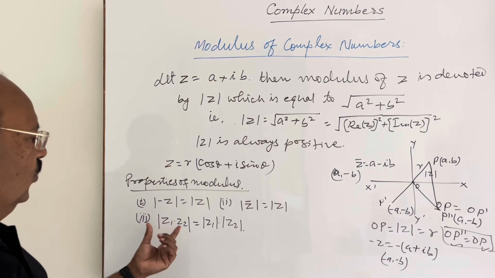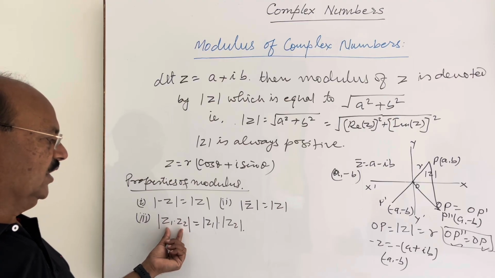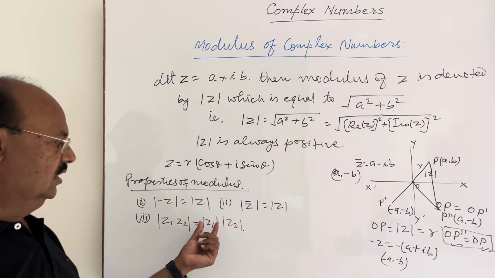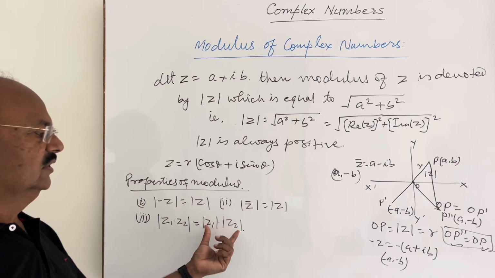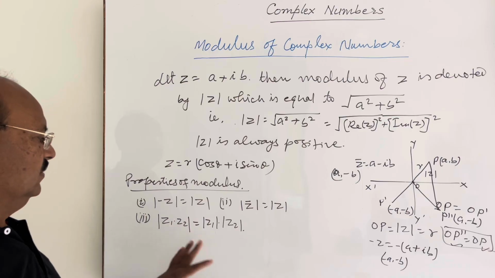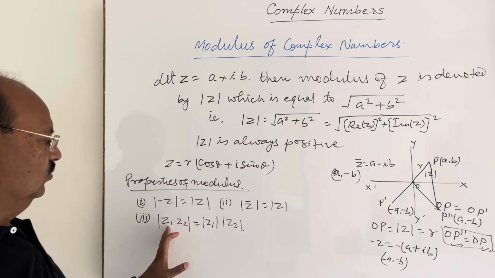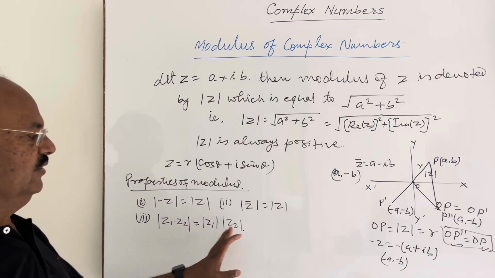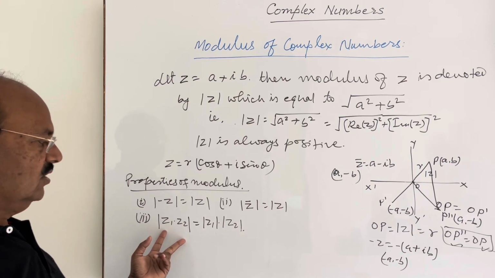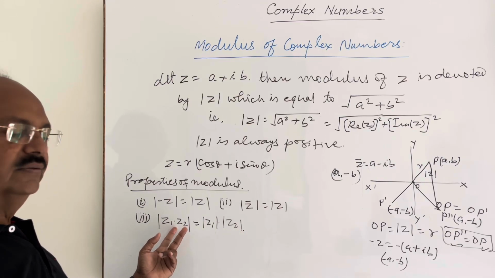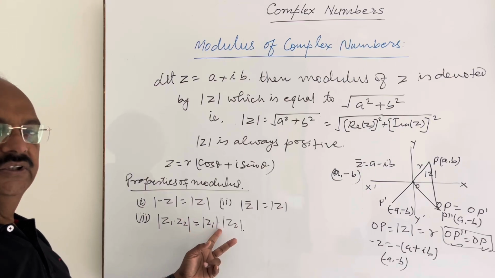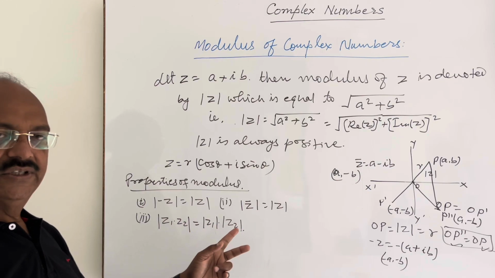Modulus of multiplication of two complex numbers is equal to multiplication of moduli of the respective complex numbers. So this modulus has been distributed over both the complex numbers Z1 and Z2. That's why modulus of product of two complex numbers is equal to product of moduli of these two complex numbers.